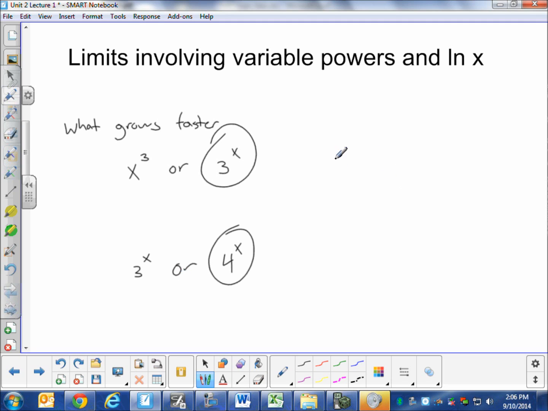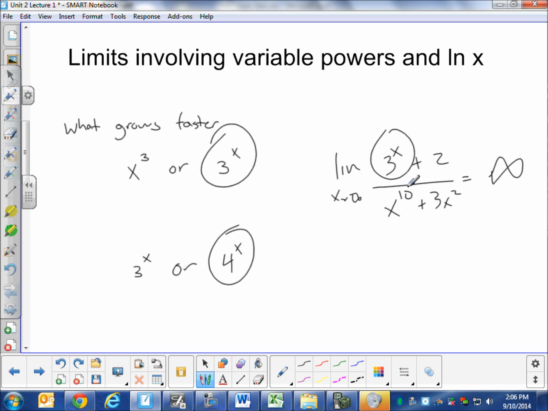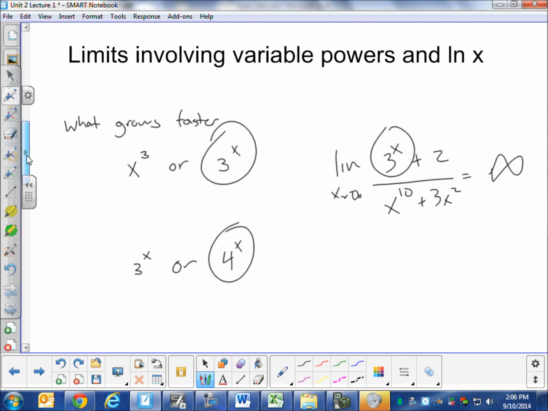So if you have the limit as x approaches infinity of 3 to the x over x to the 10th plus 3x squared plus 3x plus like 2, this will dominate. Everything else will be inconsequential. We'll have a huge value divided by a smaller value, making something huge.